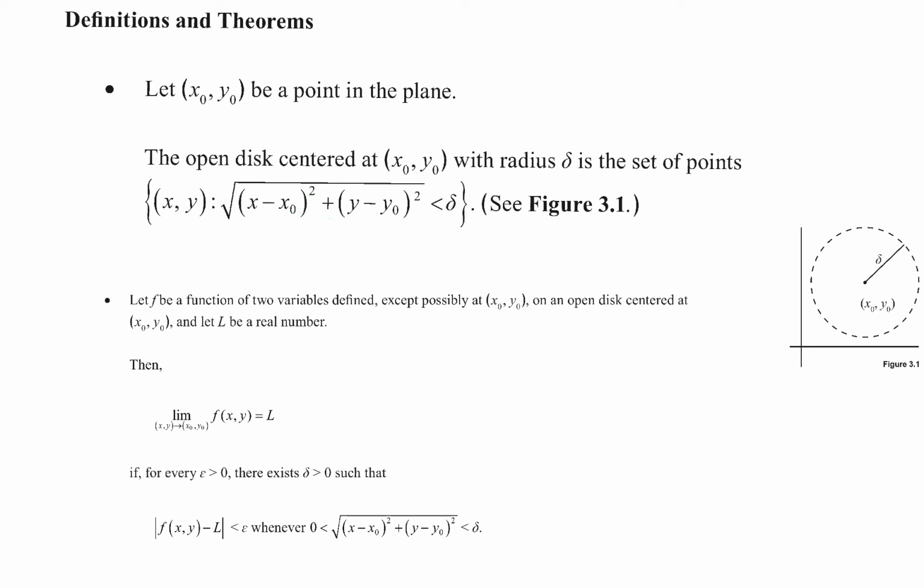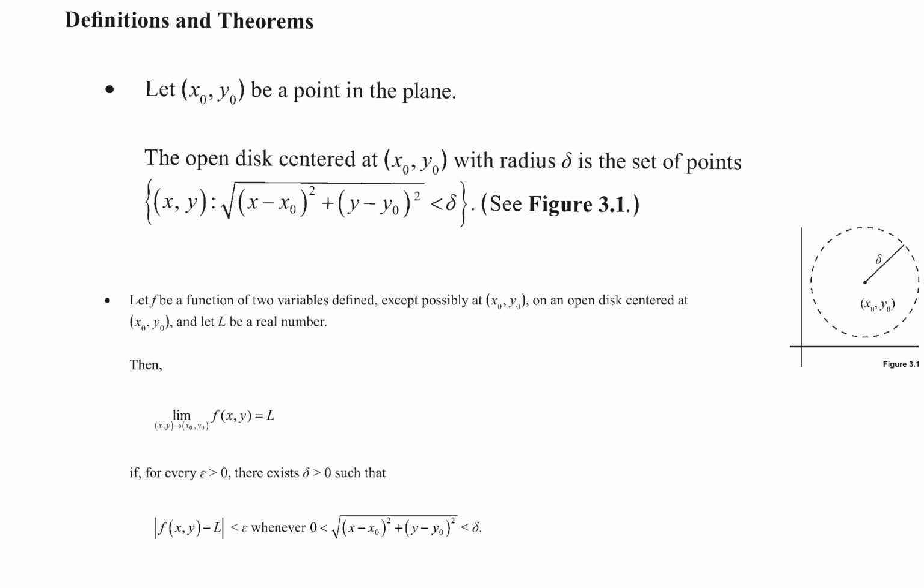We are paying attention to points that are inside the disk. So this is less than the radius delta. The limit definition is quite strange and complicated, but this is the definition.